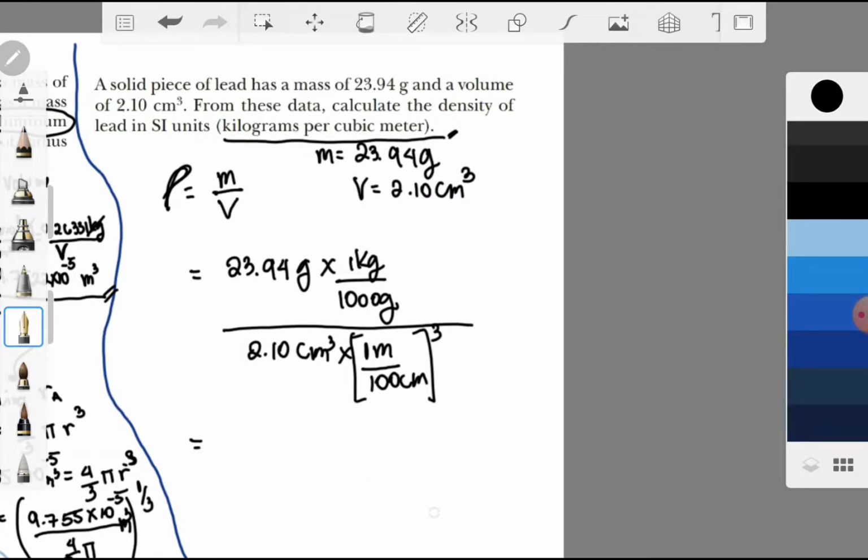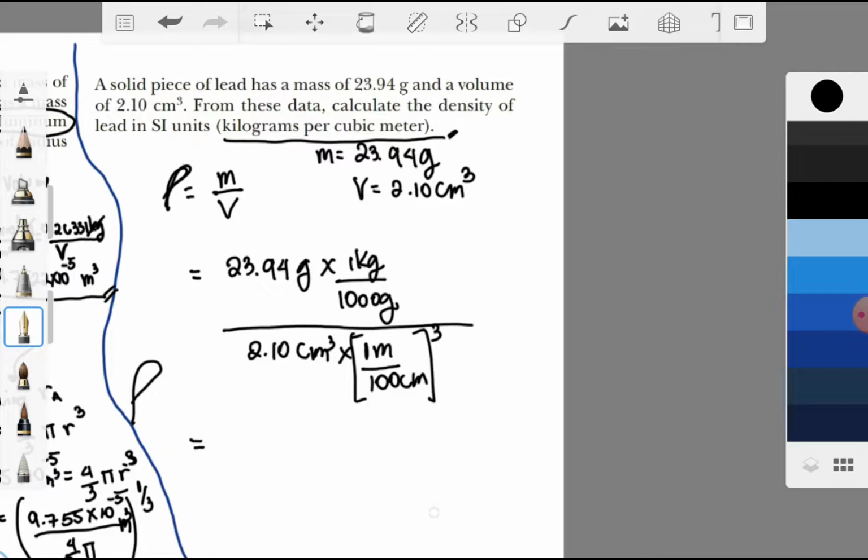So we'll have the density for the solid piece of lead in kilograms per cubic meter: 23.94 times 1 over 1000, divided by 2.1 centimeter cube times 1 over 100 raised to 3.